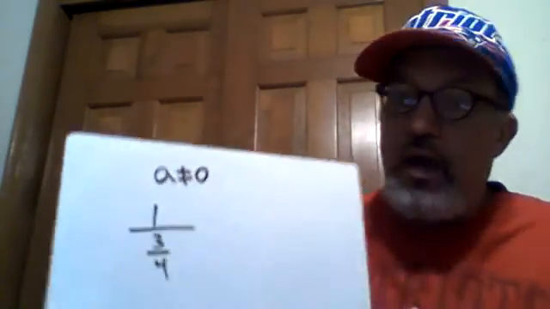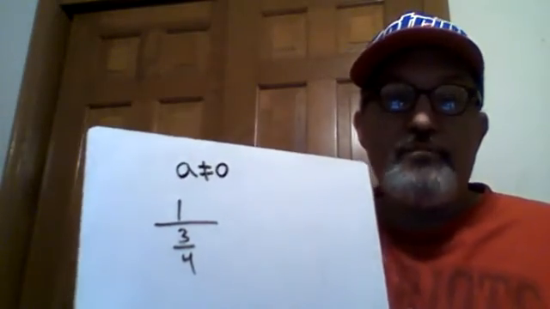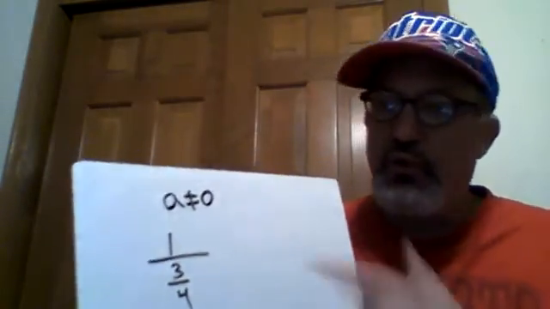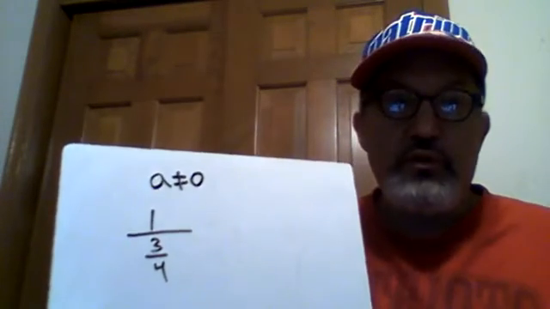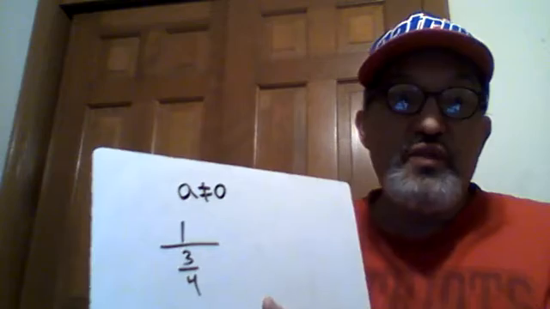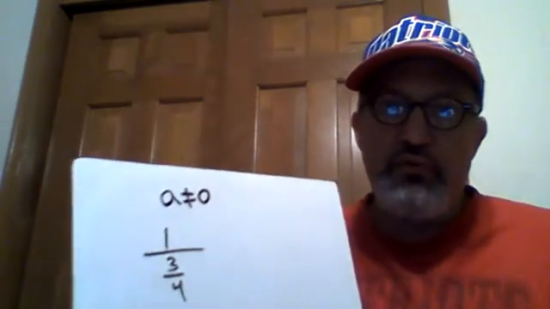It works for fractions. If you take the fraction 3/4 and you put it underneath a 1 like that, this symbolism means the reciprocal of 3/4. This is equal to 4/3. If you want to, you can think of this as a division: 1 divided by 3/4.